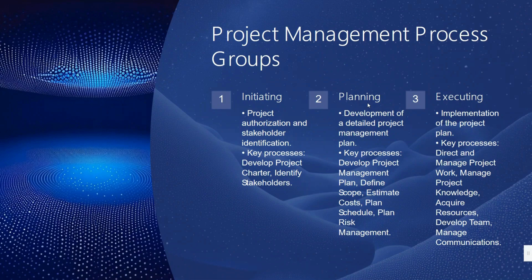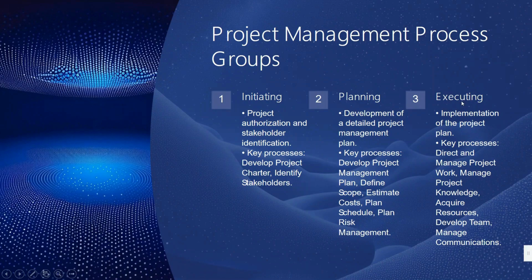When we talk about the key processes for planning, we will develop the project management plan, define the scope of the project, work on the estimation of cost, make the schedule of the project, and also plan risk management. You can read here the development of the detailed project management plan and key processes.